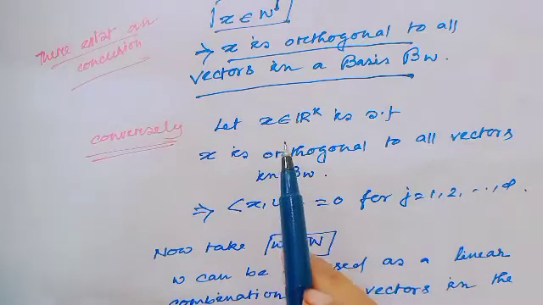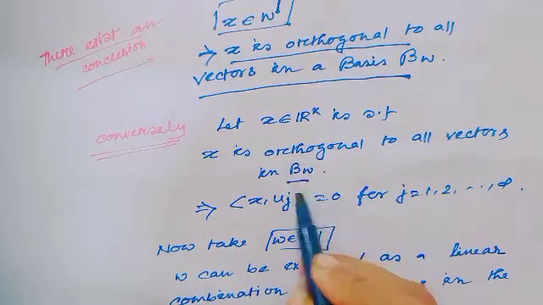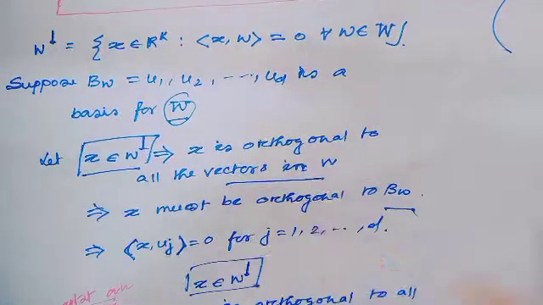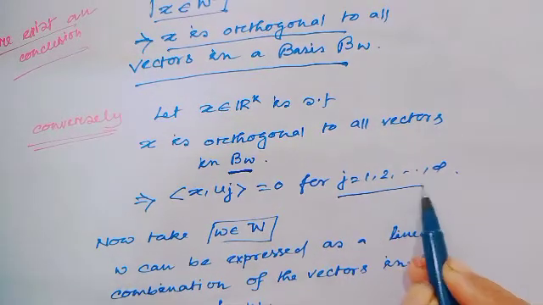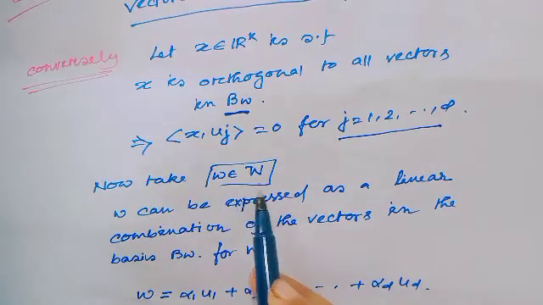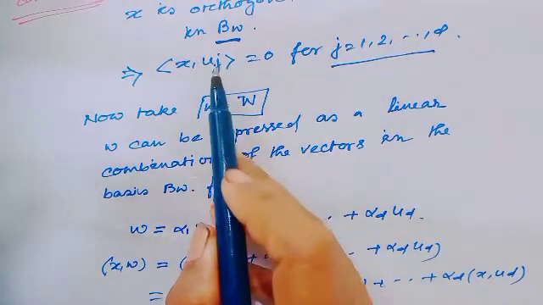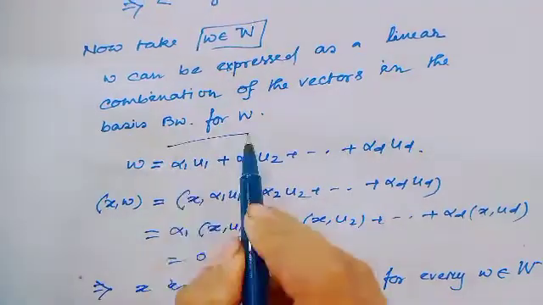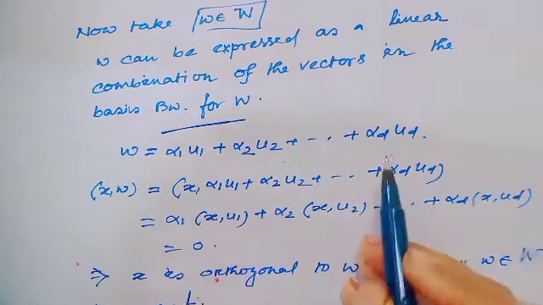Conversely, consider x in R^k such that x is orthogonal to all basis vectors of W. That means the inner product of x with uj equals 0 for j equal to 1 to d. Now take any arbitrary vector small w belonging to capital W. Since the uj are the basis vectors, w can be expressed as a linear combination of them: w equals alpha 1 u1 plus alpha 2 u2 up to alpha d ud.